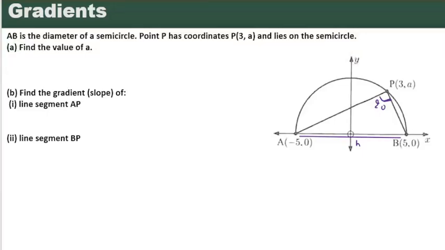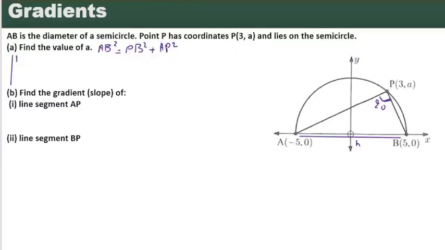So I say the hypotenuse, which is AB to the power of 2, equals PB to the power of 2 plus AP to the power of 2. Now I find the length of these sides.